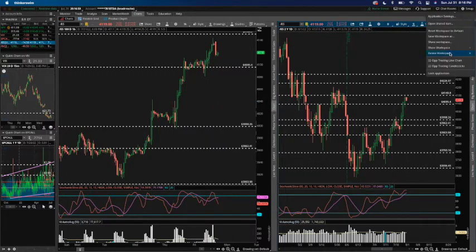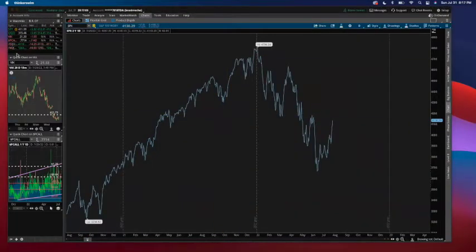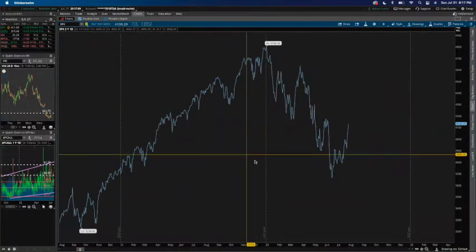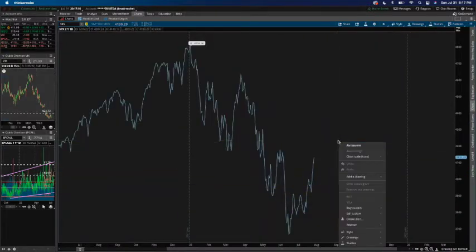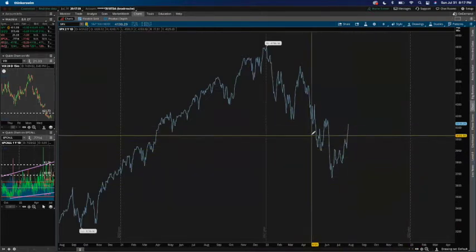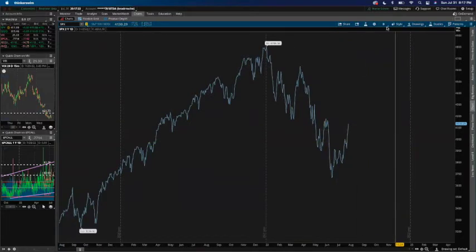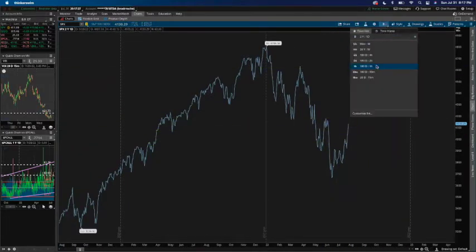One of the things I also want to show you guys is, go back to the line chart. Check this out. I'm going to do it on SPX just because we don't have levels on here yet. This is something I found interesting, right? If we already understand that levels are easier to see on the line chart, so are trend lines.